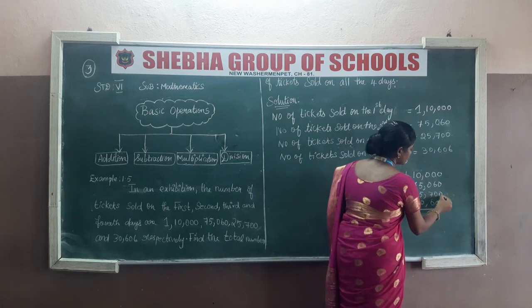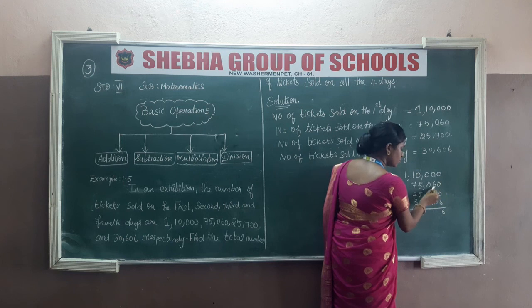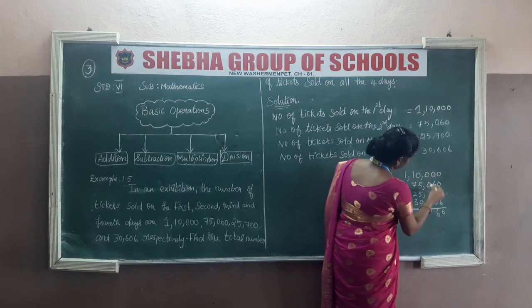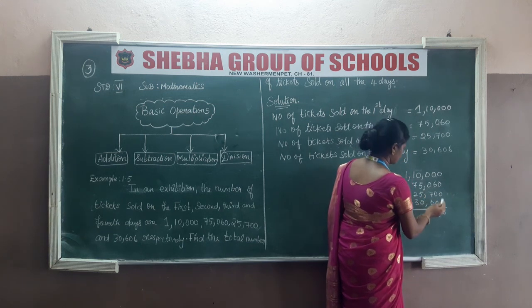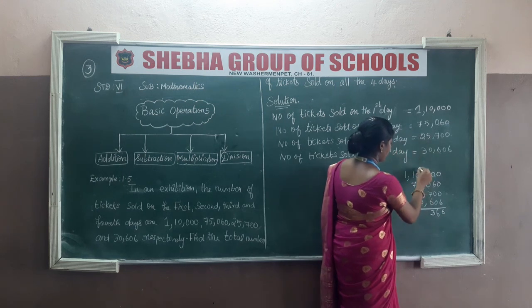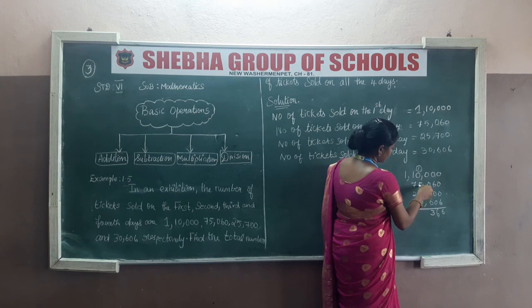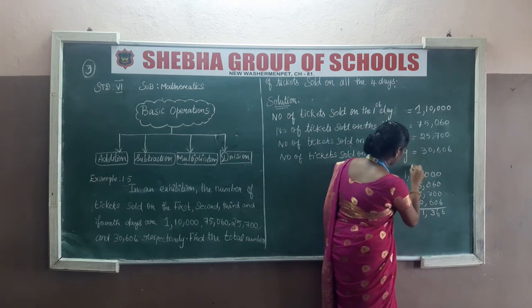0 plus 0 plus 0 plus 6 is 6. 0 plus 6, 6, 6 plus 0 is 6. Then 0 plus 0, 0, 0 plus 7, 7, 7 plus 6 is 13. So 3 stays there and 1 is carried. Then 1 plus 5 is 6, 6 plus 5 is 11. So 1 stays there and 1 is carried.